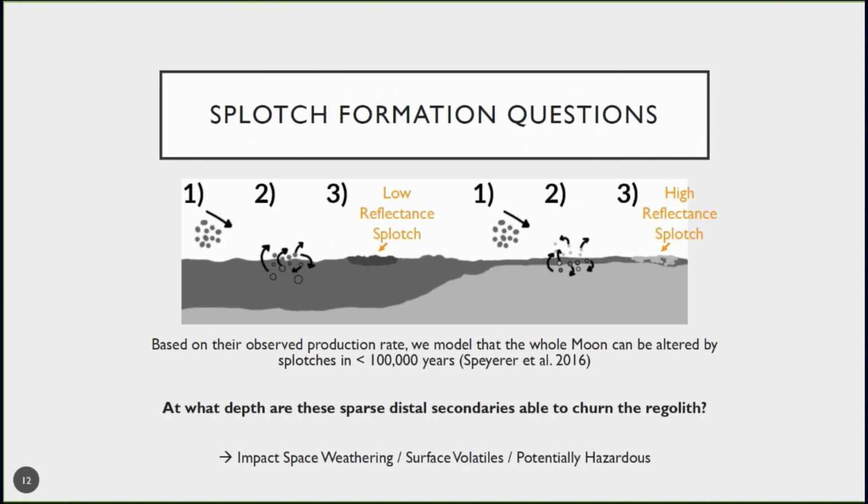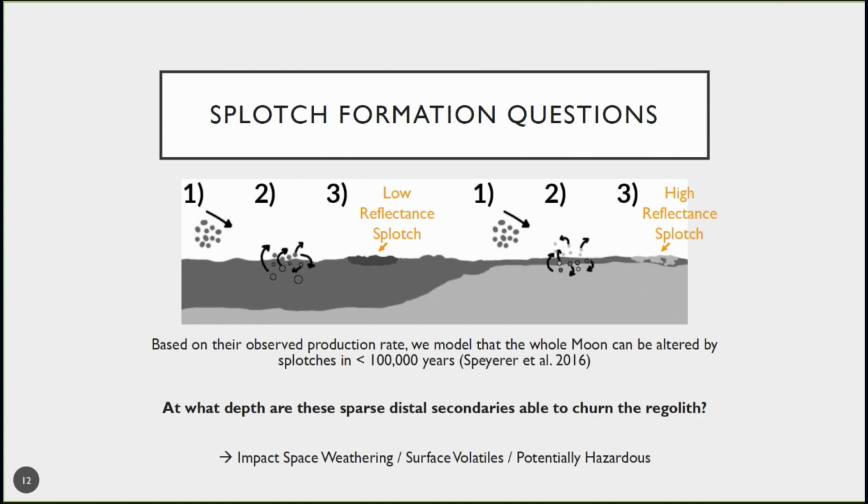The idea right now is that you have material coming out from the primary impact crater, and it's churning the surface. When the mature layer is really thick, you're just roughening up that surface and creating that low reflectance splotch.